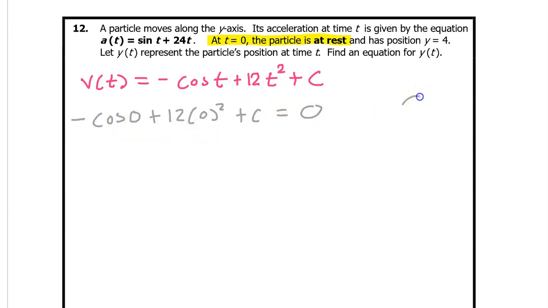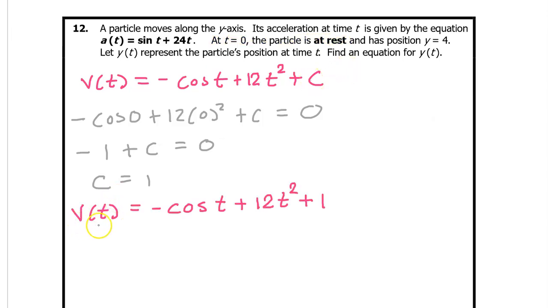The cosine of 0 is 1. It's over here on the right-hand side of the unit circle. So this will be then negative 1. And this term is gone because that's just 0. So we have negative 1 plus c is equal to 0, which means that c is equal to 1. Let's substitute that in right here. So this is our complete velocity function.